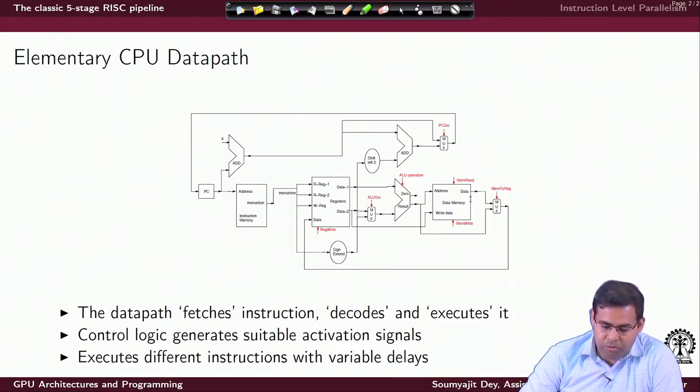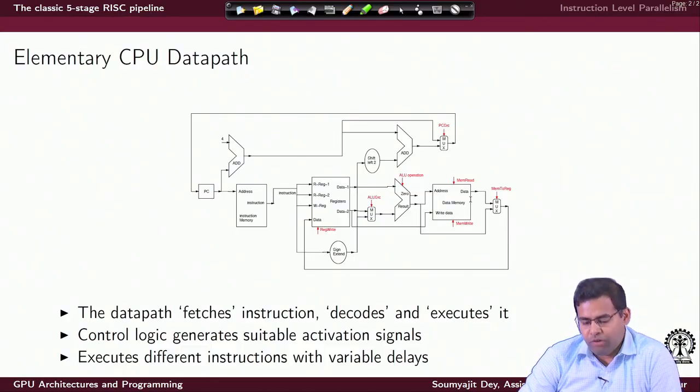Of course, in a general processor, instructions and data will be resident in the same memory for a von Neumann architecture. This block highlights the register file, which contains all the CPU registers, and this block is representative of the ALU. This is a very simplistic CPU data path, trying to convey the basic operations that a CPU is going to execute.